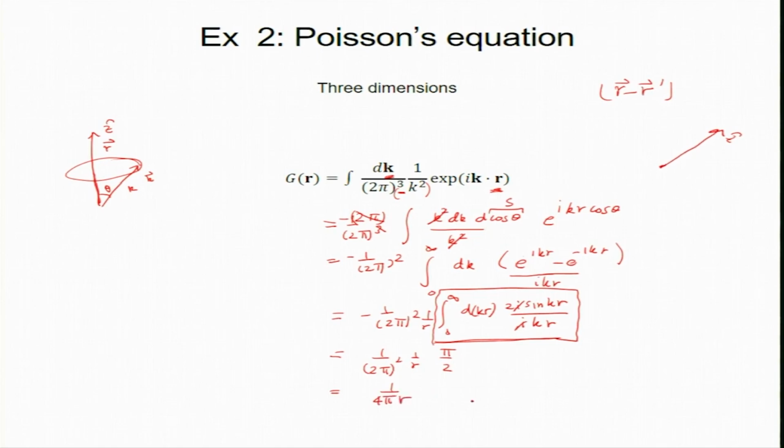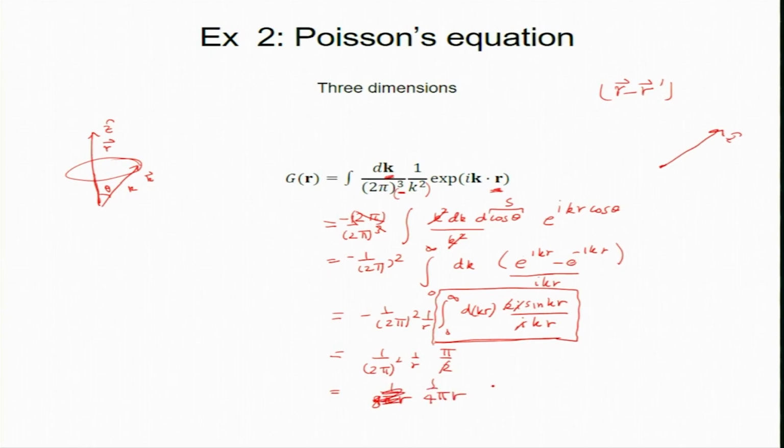Now, there is a minus sign, which is 8 pi r. So, there is a 2 somewhere, and the 2 cancels with that. So, it is 1 by 4 pi r.